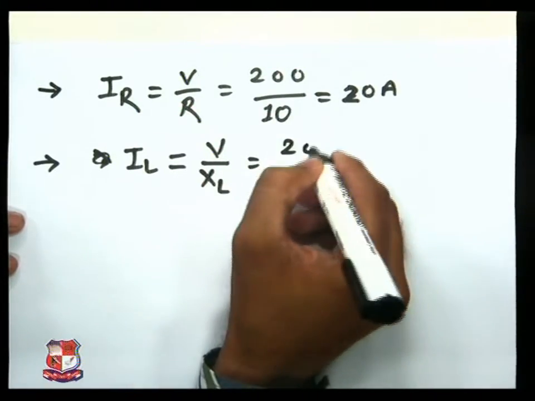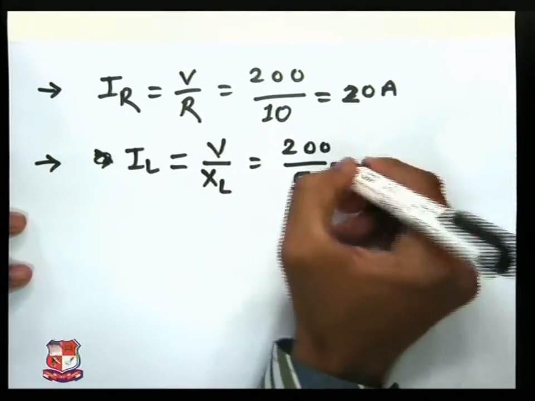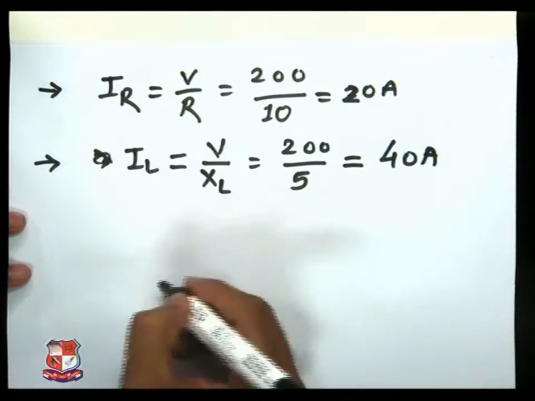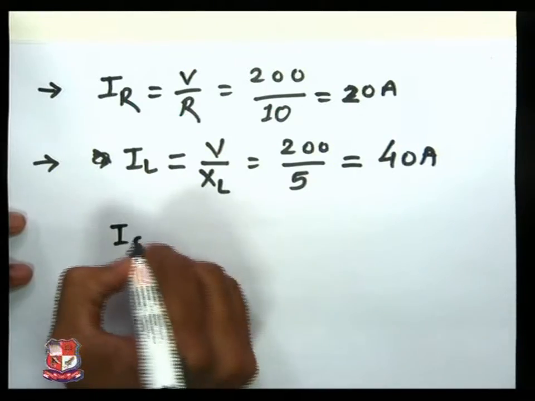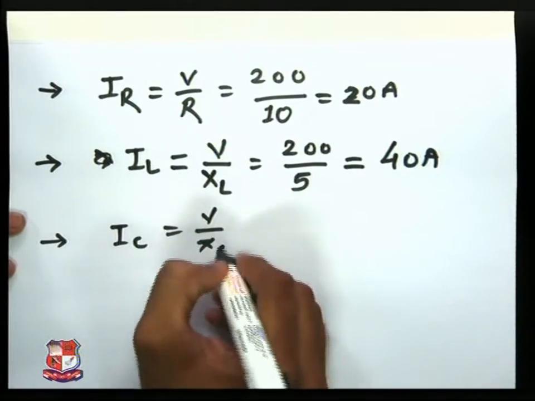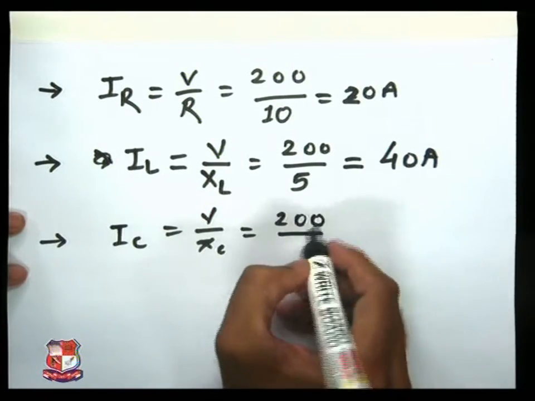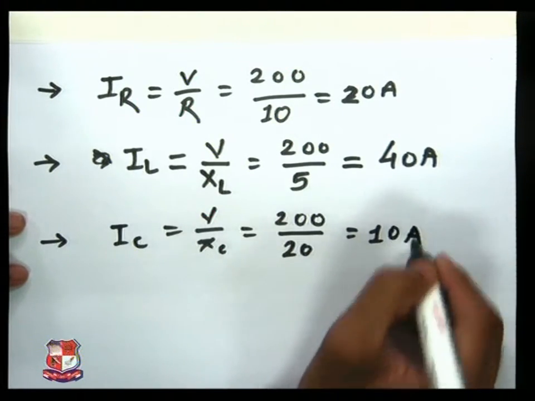So again 200, and as we previously derived, inductive reactance is 5, so the answer is 40 ampere. And capacitive current IC is V upon XC. So V is 200 and capacitive reactance is 20, so the answer is 10 ampere.